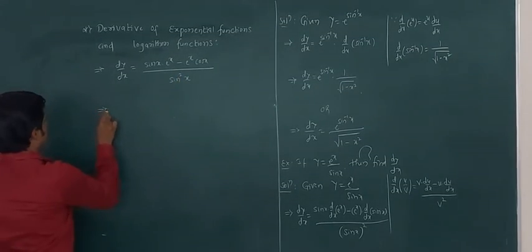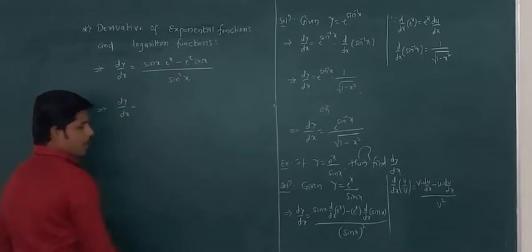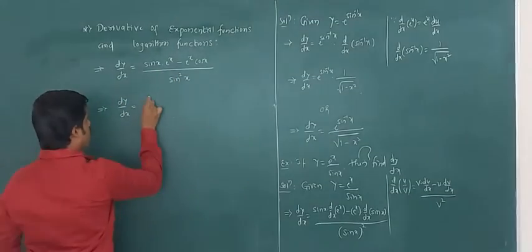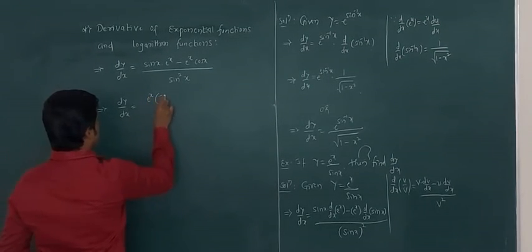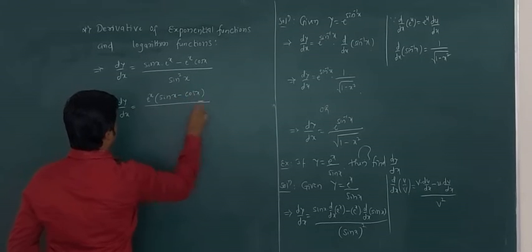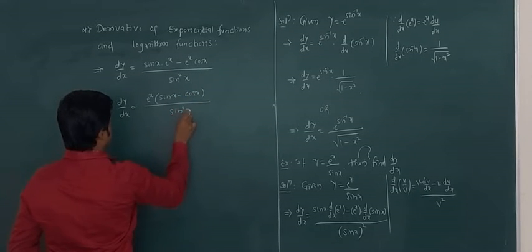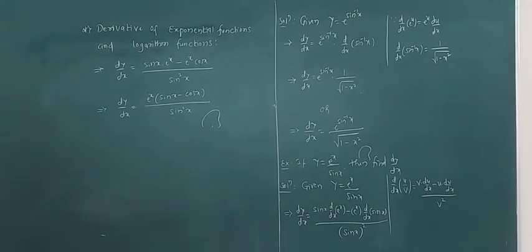Okay, now simplify. dy by dx is equal to, in the numerator part we have e to the power x as common, so take it outside. e to the power x remains, inside the bracket sin x minus cos x, divided by sin square x, which is the required solution. Note it down.